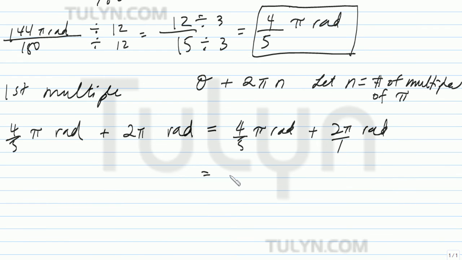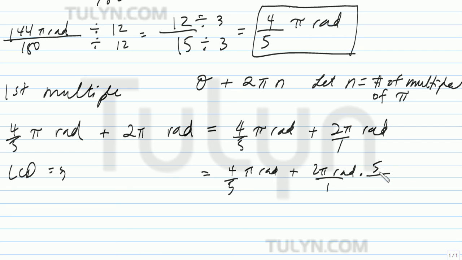So then just go ahead and change it into fractions so you can add it better. So 4/5 pi radian plus 2 pi radian over 1. Now on the top and the bottom, you got to get to your least common denominator. So the least common multiple of your denominators is 5.